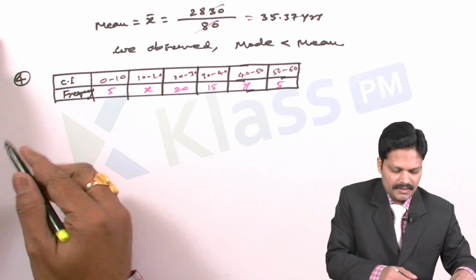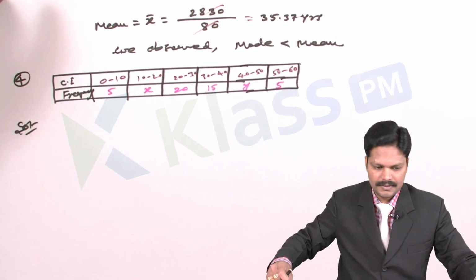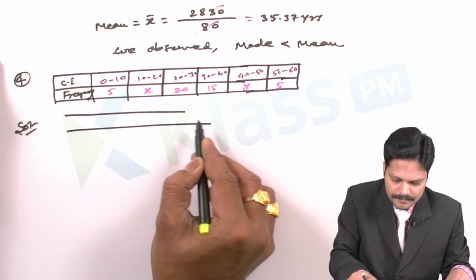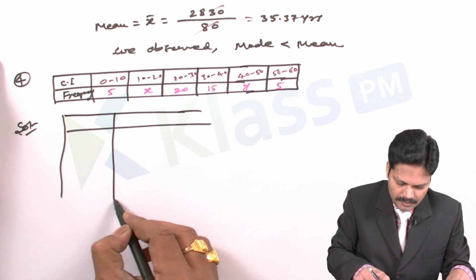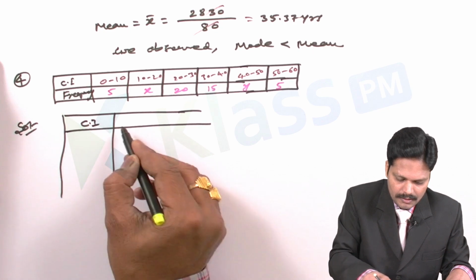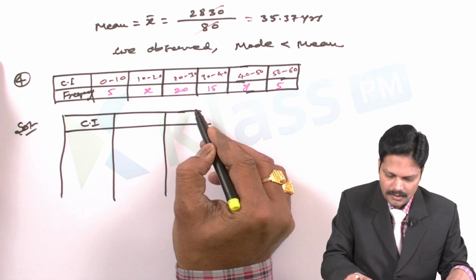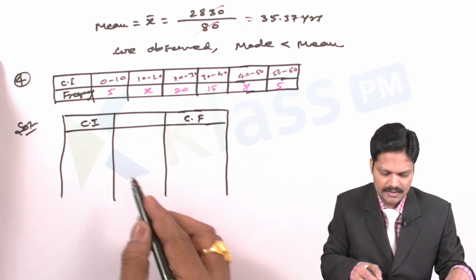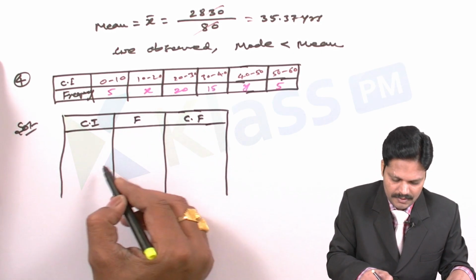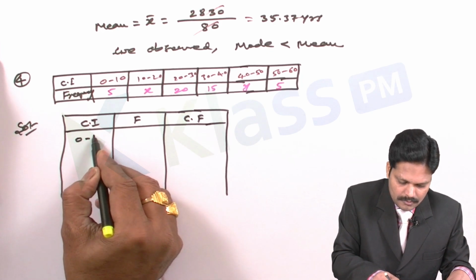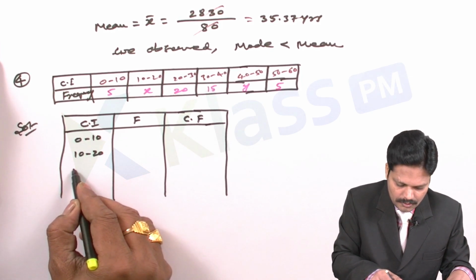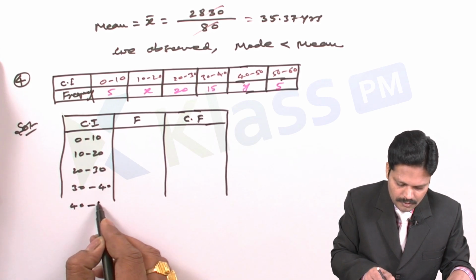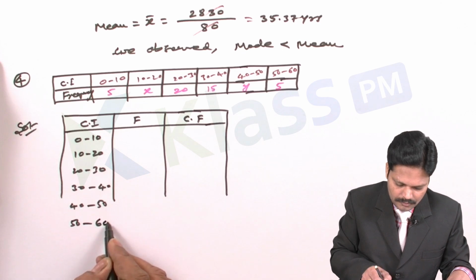From the data we need to calculate. First we arrange the data in tabular form. I take the class intervals, CI, and the frequencies, and we need the cumulative frequency. The classes are 0 to 10, 10 to 20, 20 to 30, 30 to 40, 40 to 50, 50 to 60.